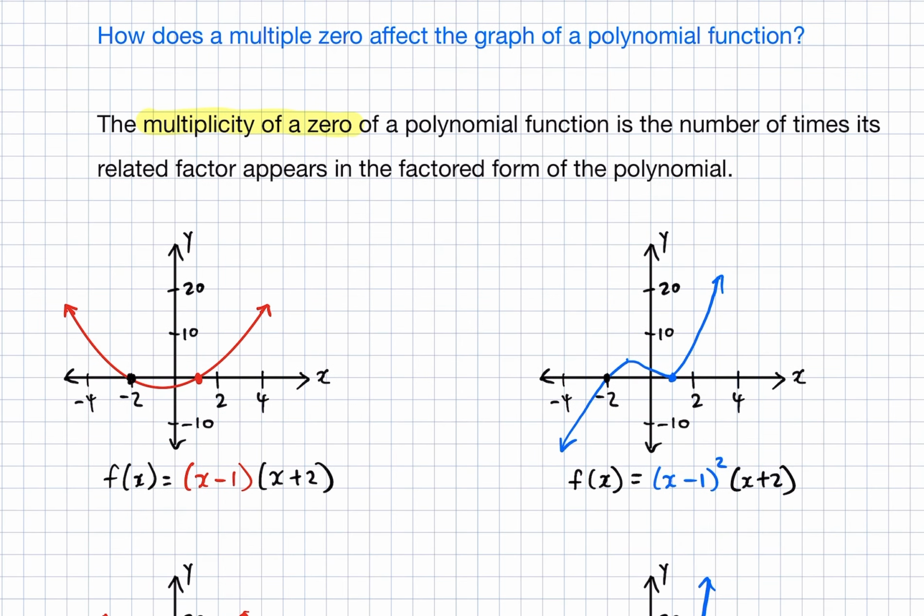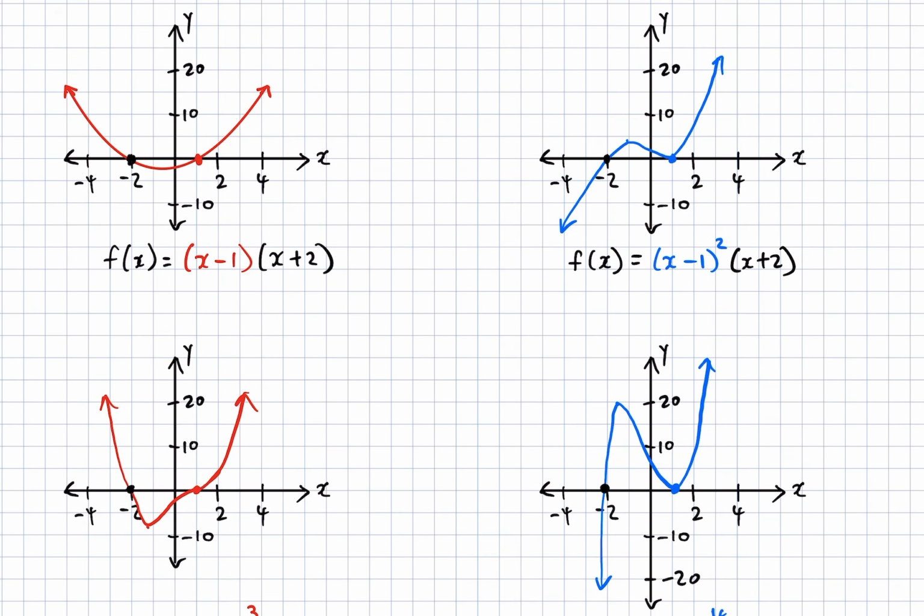Okay, so, for example, let's take a look at these 4 different scenarios. Here we see that we have a 0 of x equal to 1 and a 0 of x equal to negative 2. Okay, so we have one occurrence here, and so what we see is a 0 at 1 and a 0 at negative 2.